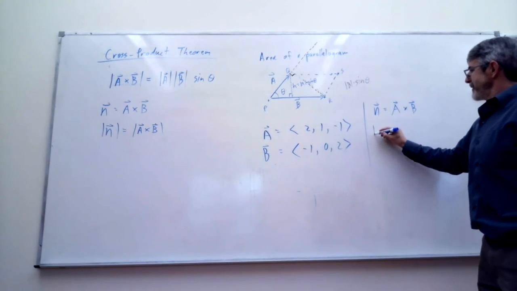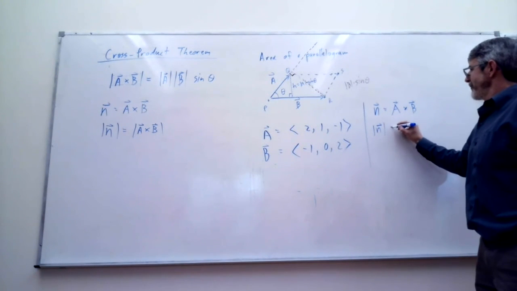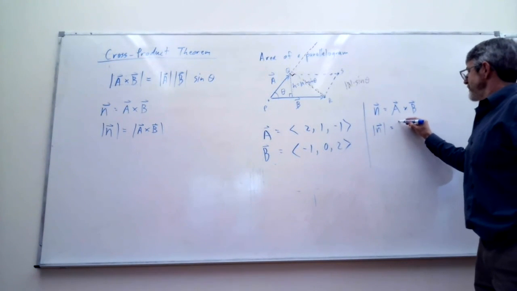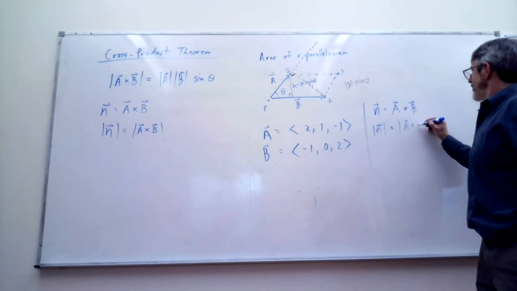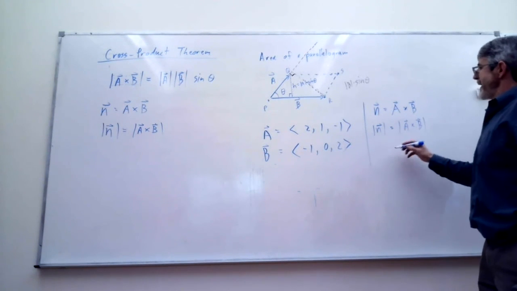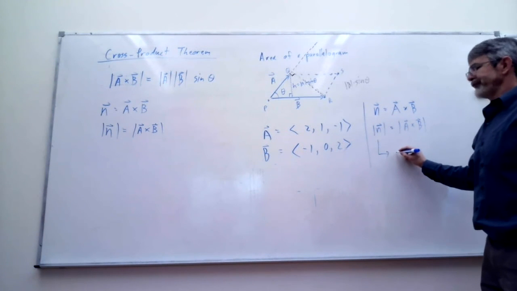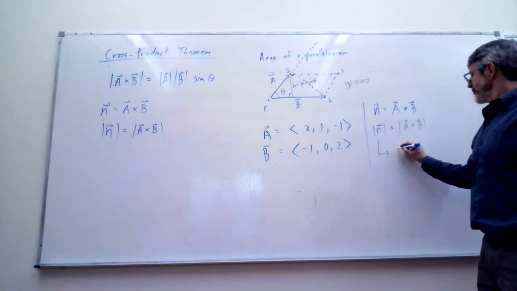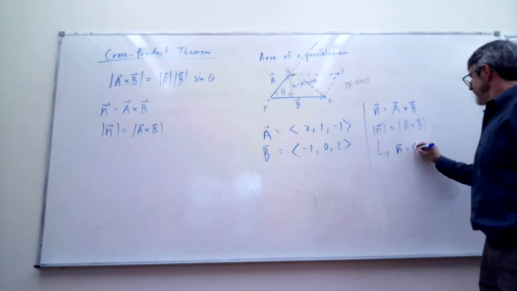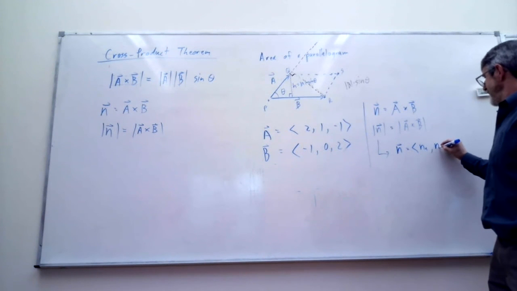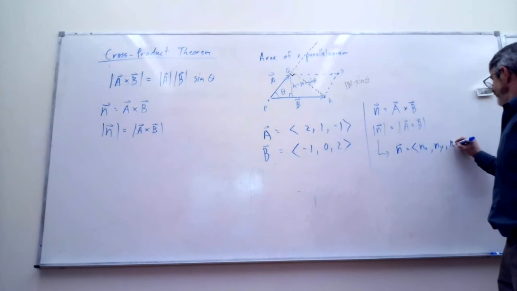And then I could take the magnitude of that normal vector, which would be the magnitude of A cross B. And let me just remind you, this is a 3D Pythagorean theorem. The normal would have been broken down into an X component, a Y component, and a Z component.